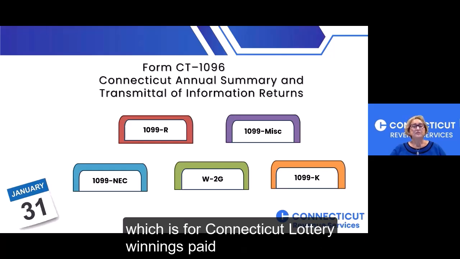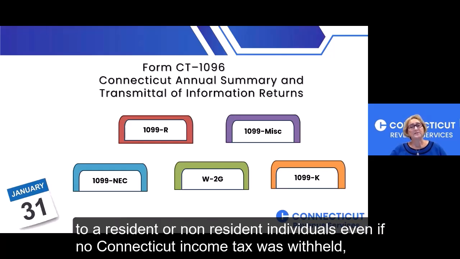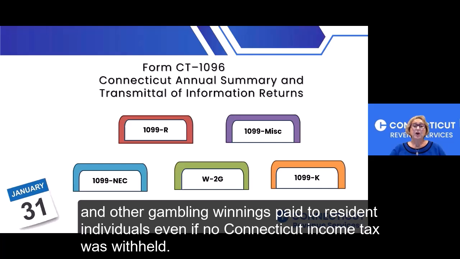W2G, which is for Connecticut lottery winnings paid to resident and non-resident individuals, even if no Connecticut income tax was withheld, and other gambling winnings paid to resident individuals, even if no Connecticut income tax was withheld.